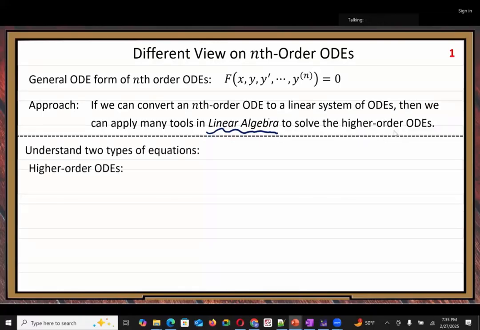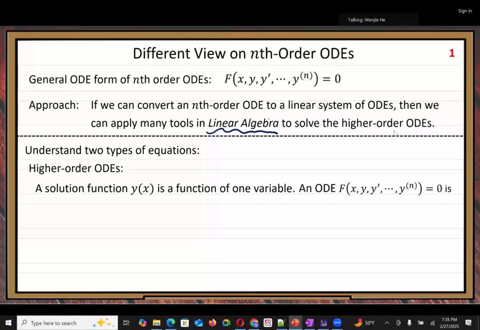How to understand the high order ODEs? Here we assume this y of x is the solution function, with one variable, x, as the variable.